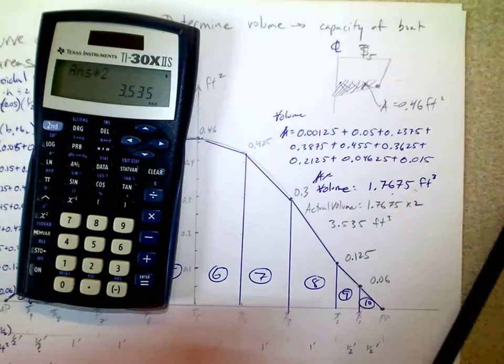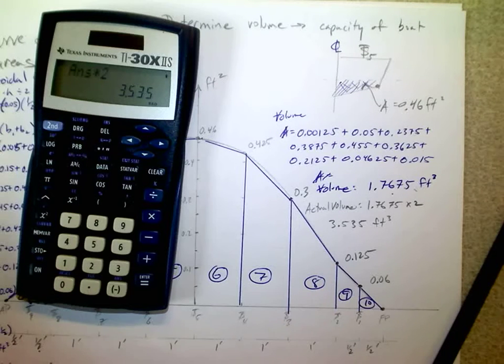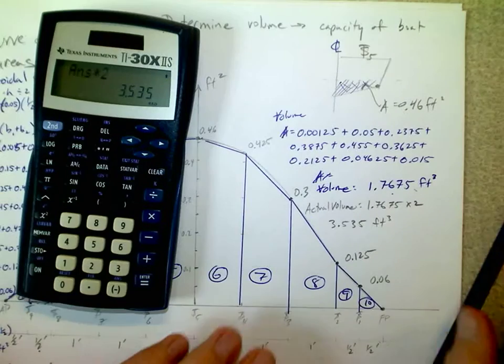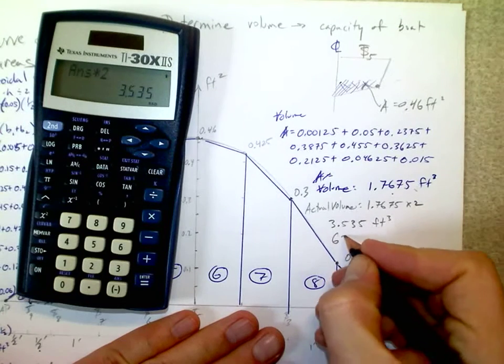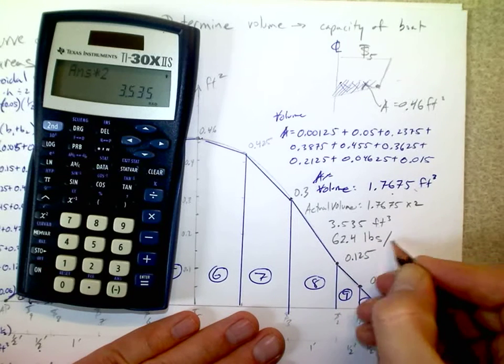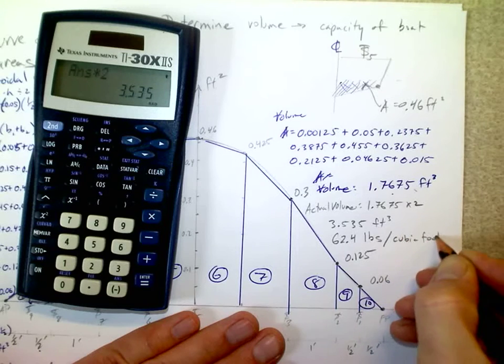Now I want to figure out, well, how much can this boat hold then? This is cubic feet, but really I need to know what is the displacement in pounds. So the displacement, the weight of a cubic foot of water in pounds, I forget what it is exactly, 68 or something like that. 62. It depends on the density of water that you use, but typically we're going to say 62.4 pounds per cubic foot of water.